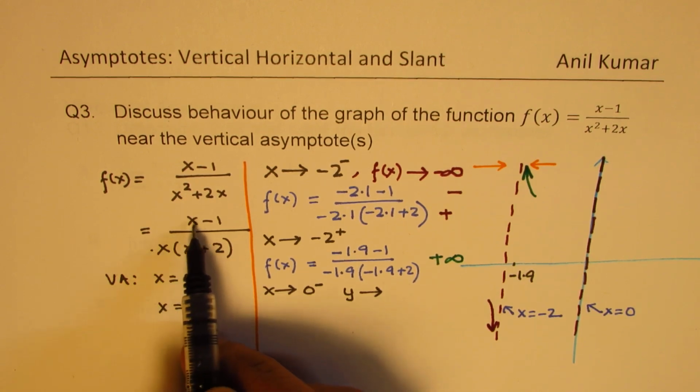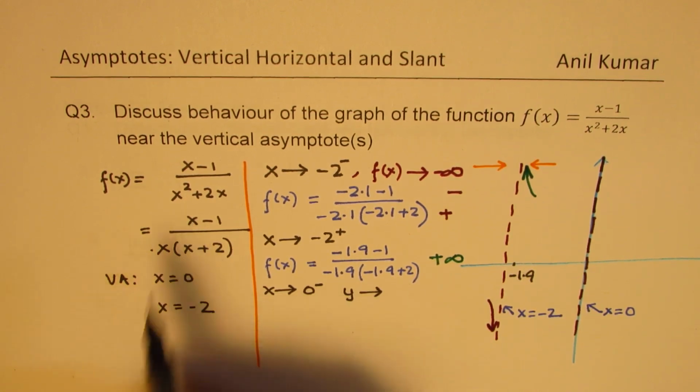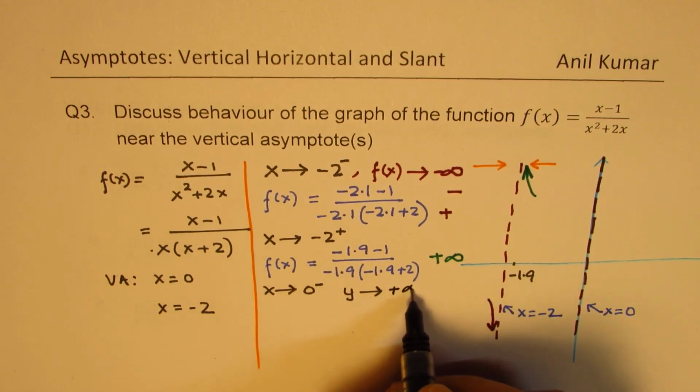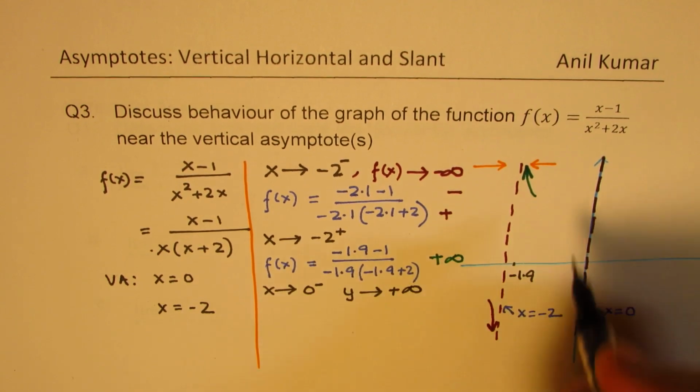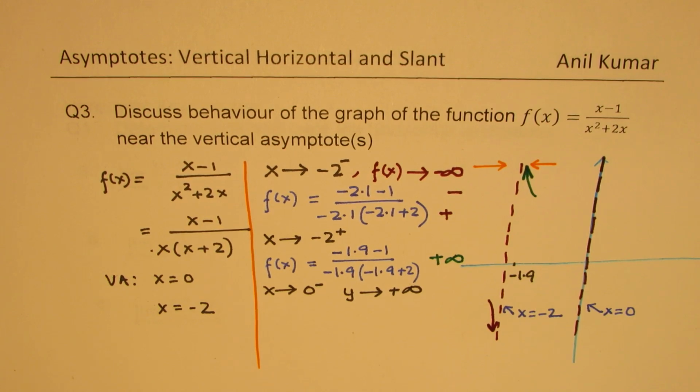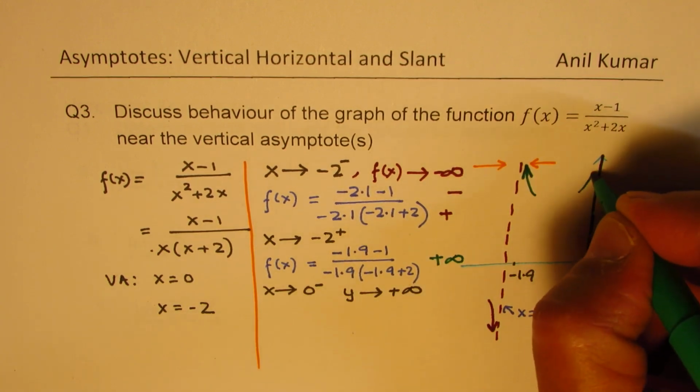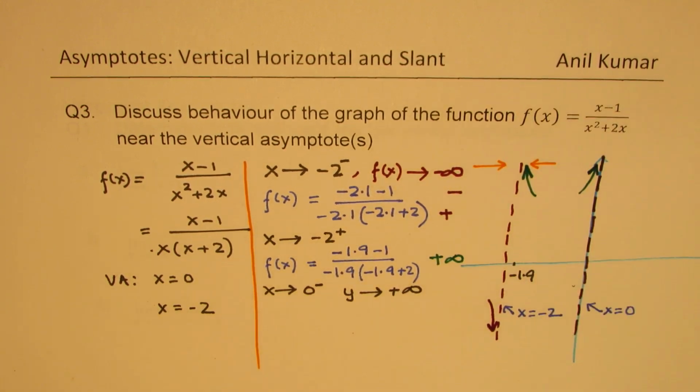So when you multiply two negatives, you get a positive value, so that approaches positive infinity. So from the negative side, it approaches positive infinity. So the graph will be kind of like this.